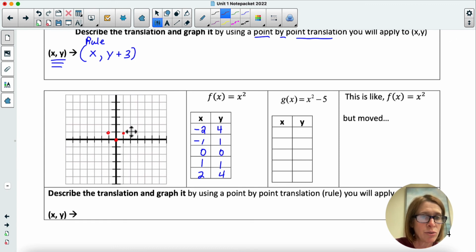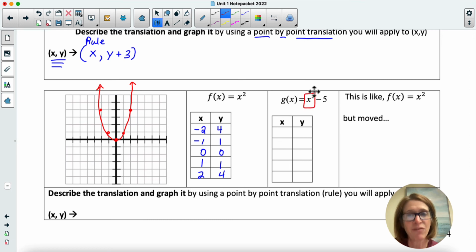Here we go, 1, 2, 3, 4, and then 4 over here. This doesn't look like a V. This one looks more like a U, something like that. All right, so this is the function. So what are we doing to the function? It looks like x squared, but let's look on Desmos to see what it does.